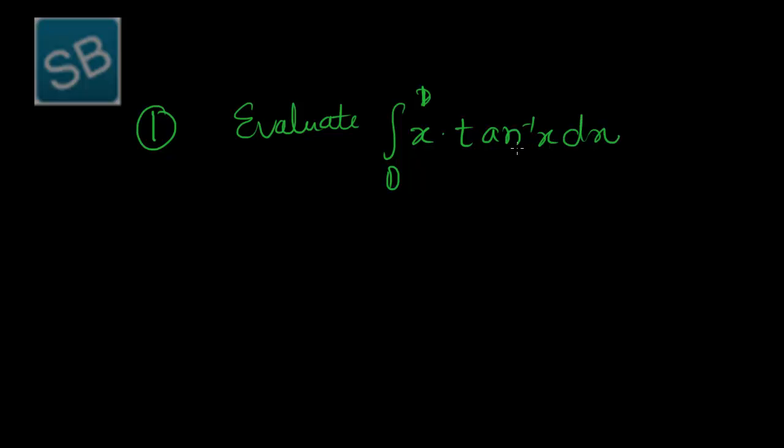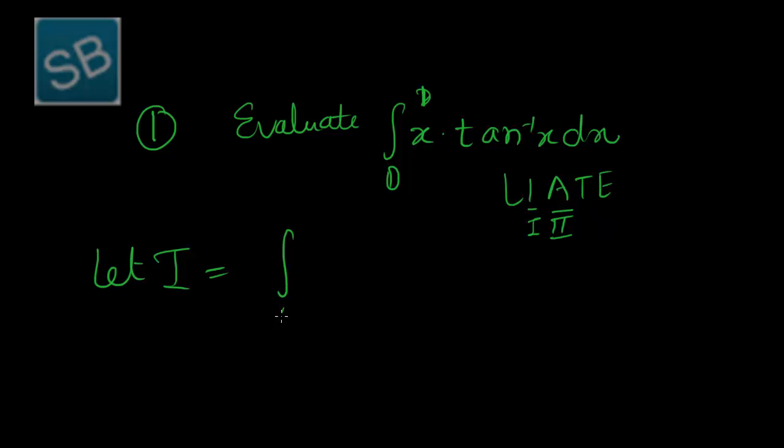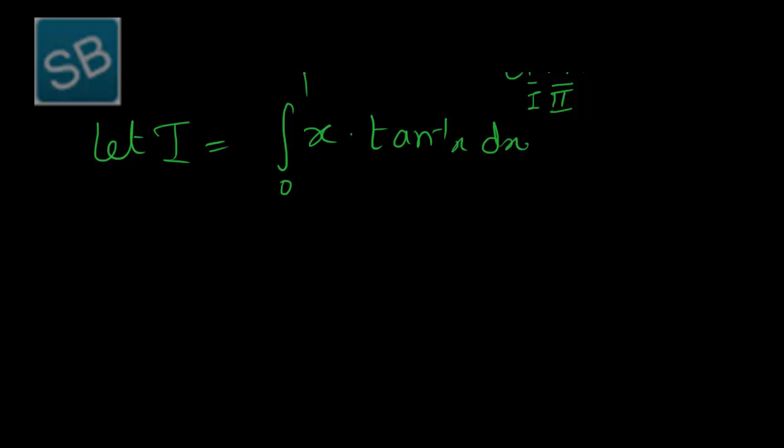So first of all we will see by ILATE method, inverse function is the first function, algebraic function is the second function. So let I is equal to integral 0 to 1 x into tan inverse x dx. So we will assume tan inverse x as first function and x as second function.